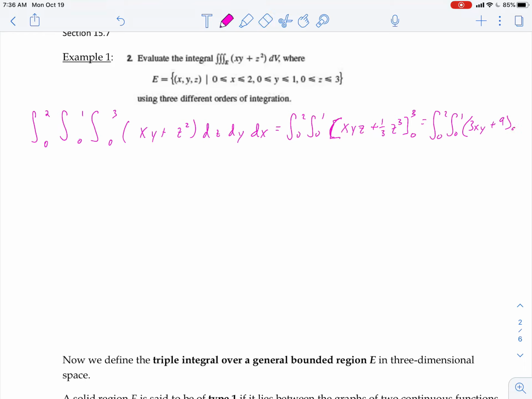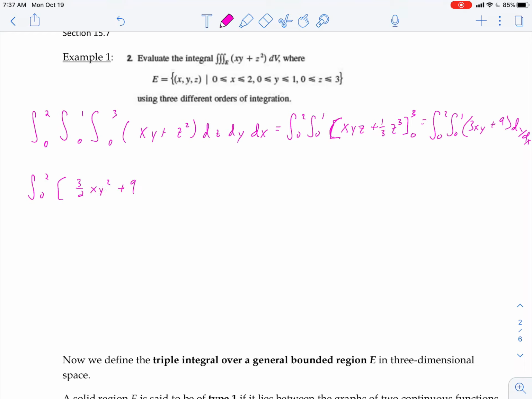dy dx. Erase that because it's not really calibrated. Now let's integrate with respect to y, dy dx. So now integrate from 0 to 2.